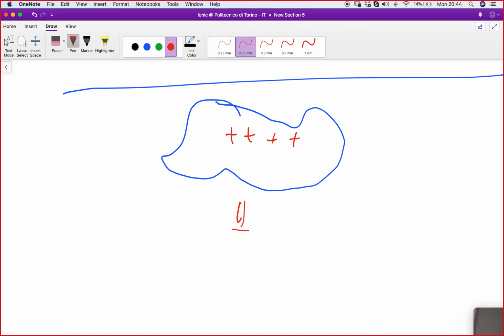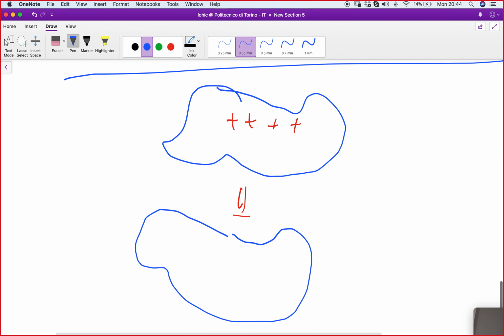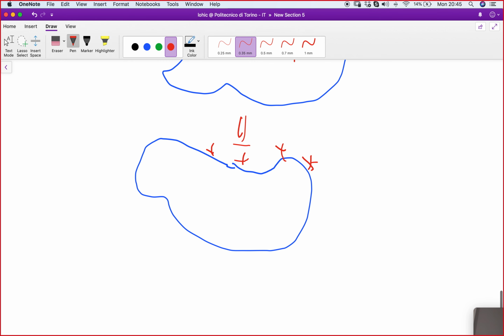But in order to reach the equilibrium, what will happen? These charges will move to the surface. Is it clear or not?